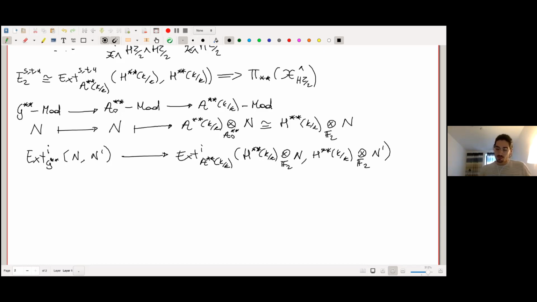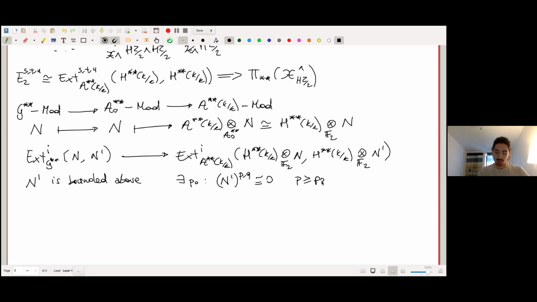Right, so we have these homomorphisms, and if we assume that n prime is bounded above, which means essentially that there is a P0 such that n prime PQ is trivial for P greater or equal than P0.